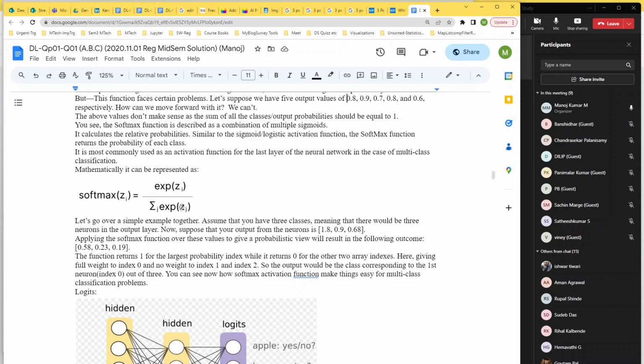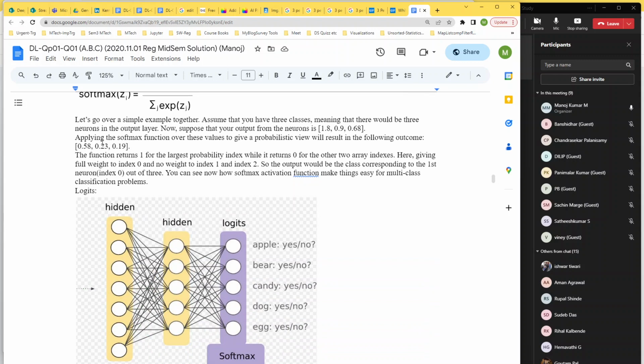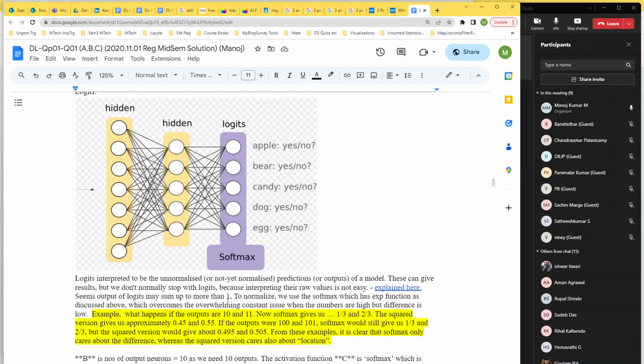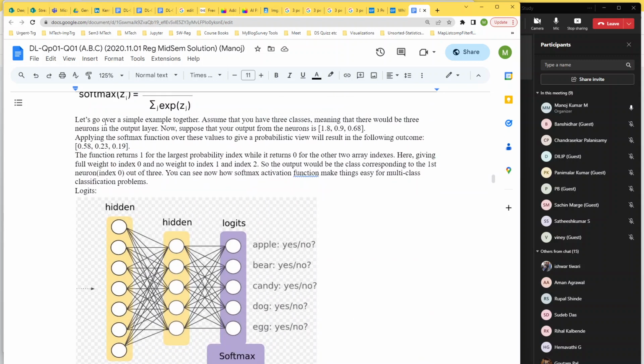So here what we do is we take the exponential of each one of them, and then add them together and put that in the denominator, and for each one we find this. Why we do this exponential is mentioned here. Let's go over a simple example.